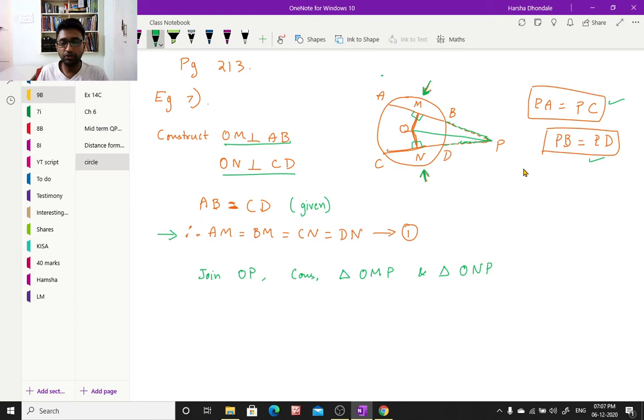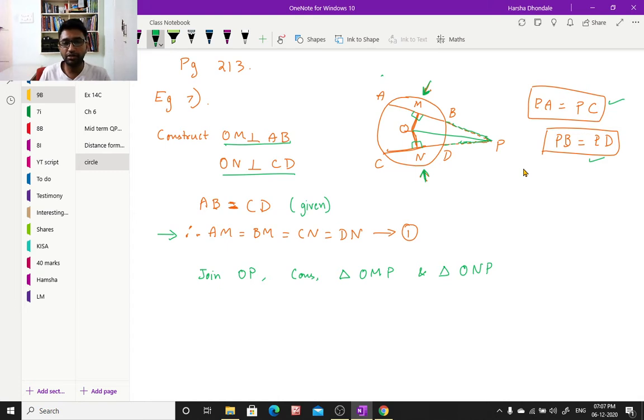When you consider these two triangles, I will use RHS because I can show 90 degrees in both of them, the hypotenuse is common to both, and any one side I can show that OM is equal to ON.